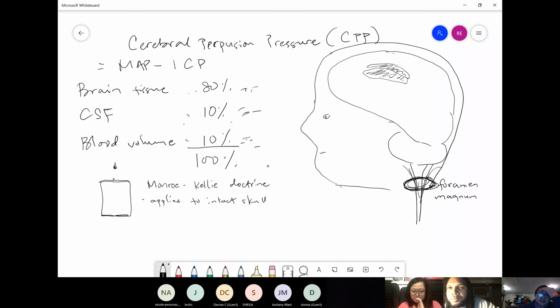Because you have an increase, so let's say this increases by 20%, plus 10% here, plus 10% here. You have a 40% increase that you have to displace, because we can't. It's already 100% in here currently. So what can you displace? You have 40%.